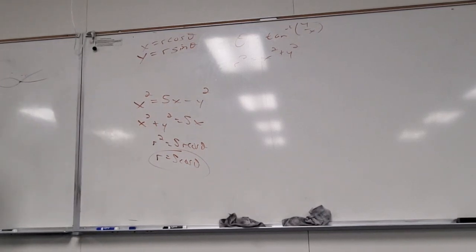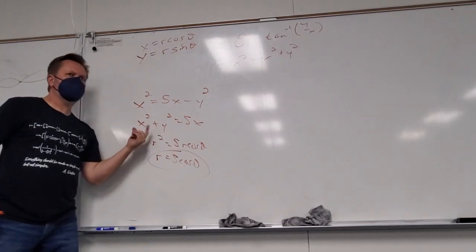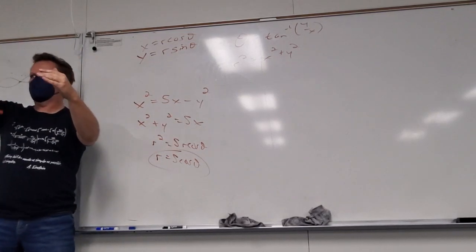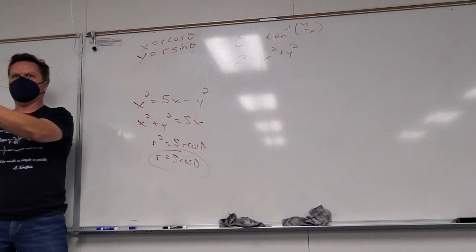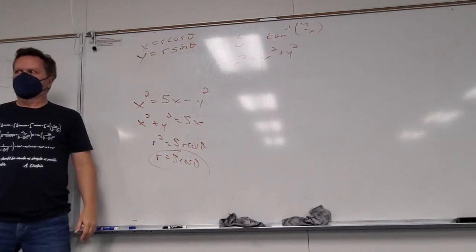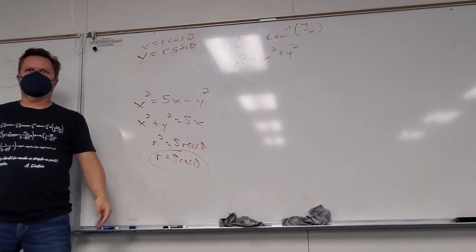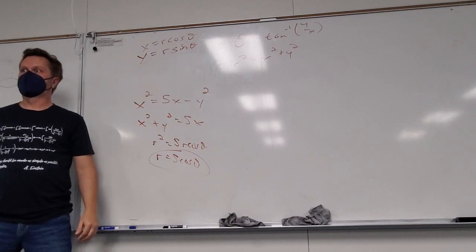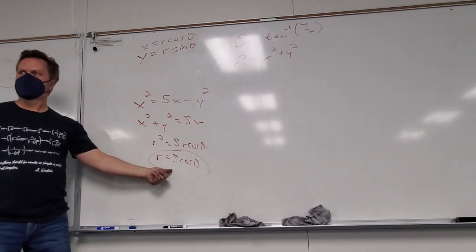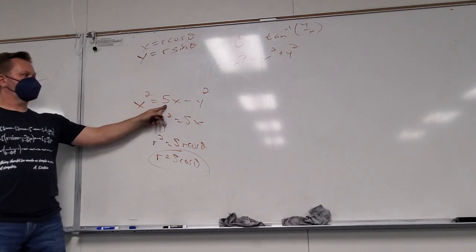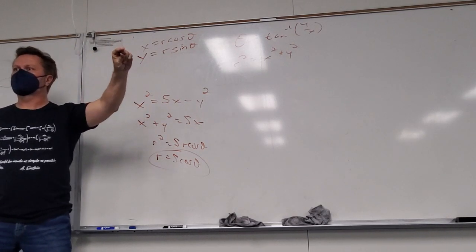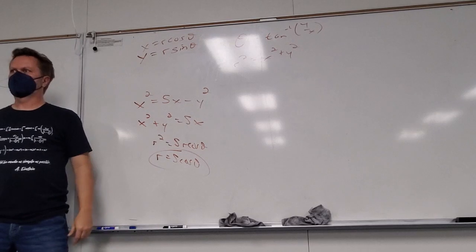If I brought this over and completed the square, it's only shifted on the x, not on the y. So it's going to be sitting on the x-axis. Okay. Is this the final answer for the polar formula? So if I give you this and say, convert this to polar, done. Yep.